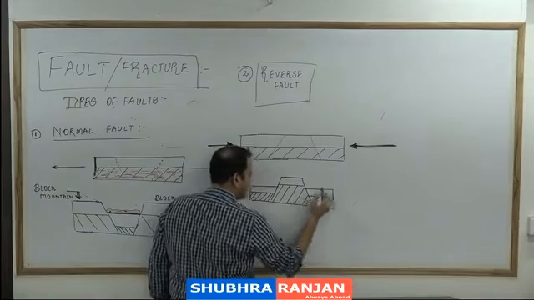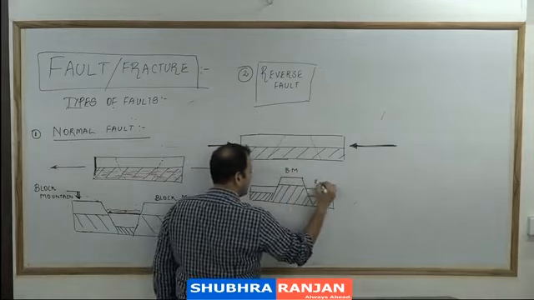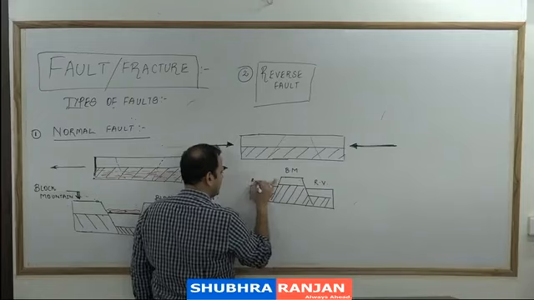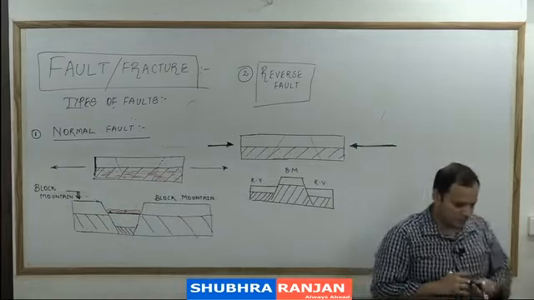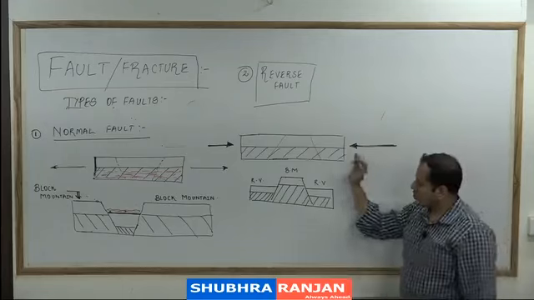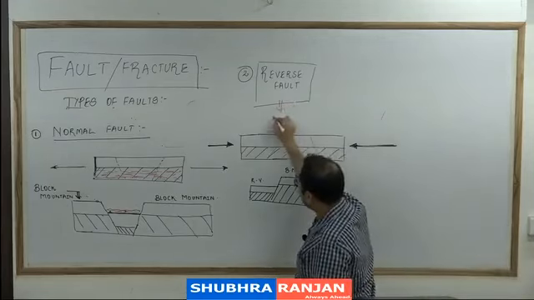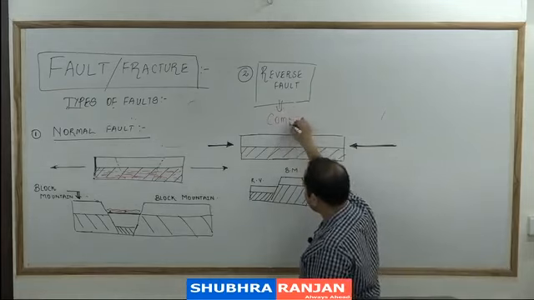What is the outcome? Block mountain and rift valley. The only difference is that reverse fault is due to compression and normal fault is due to tension.